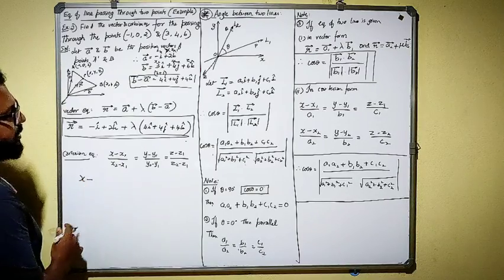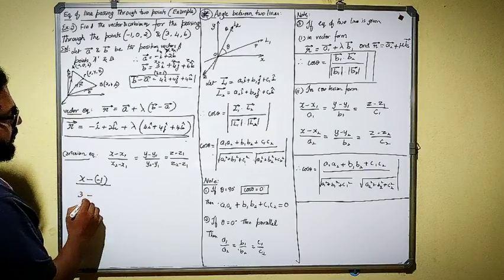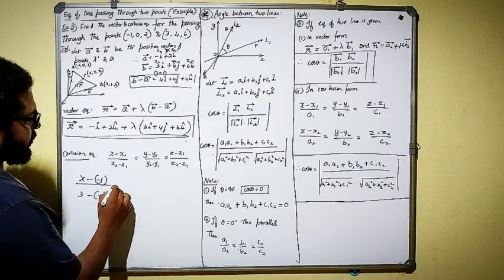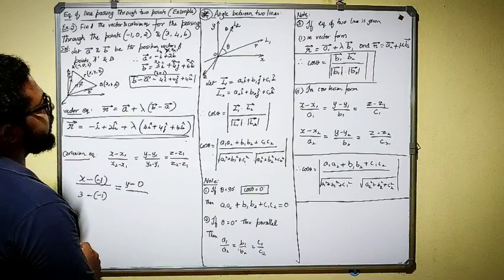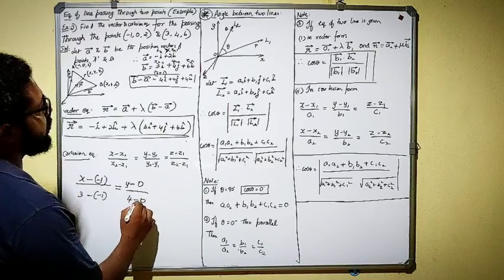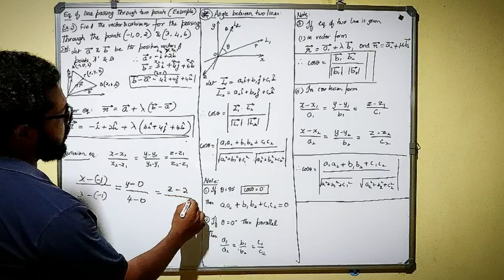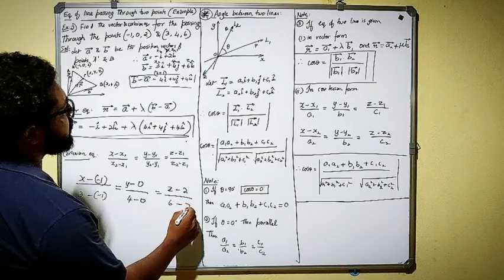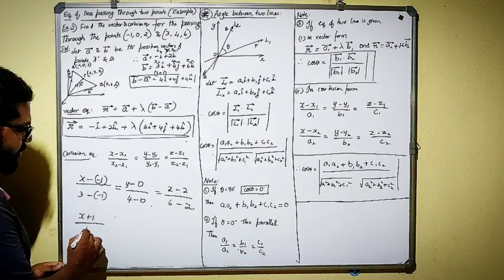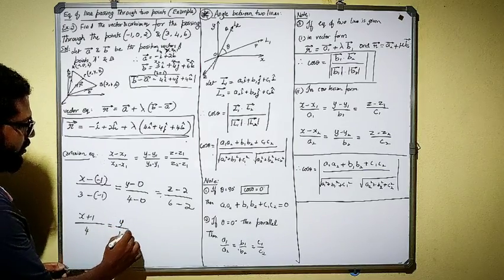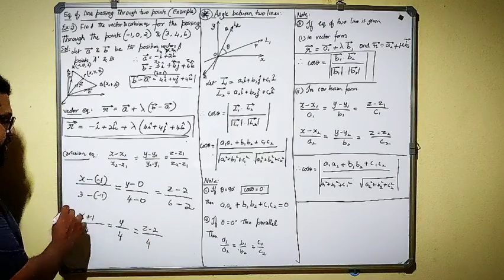So x minus x1 is x plus 1, and x2 minus x1 is 3 minus of -1, which is 4. This is equal to y minus y1, which is y minus 0, divided by y2 minus y1, which is 4 minus 0, equal to z minus 2 divided by 6 minus 2, that is 4. So x plus 1 by 4 equals y by 4 equals z minus 2 by 4. I'll stop right here.